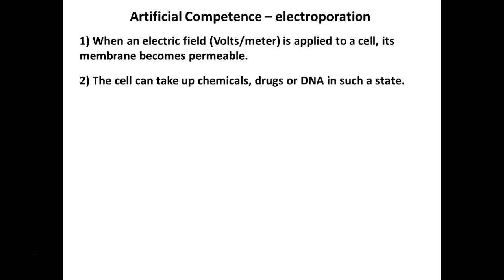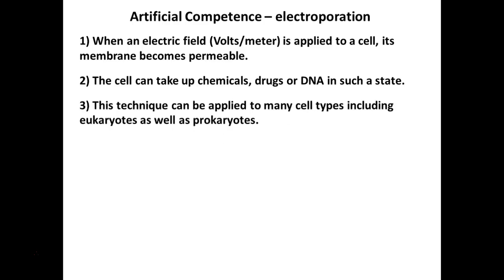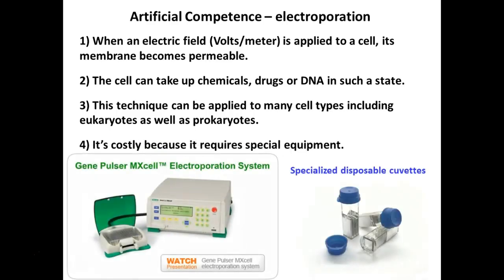And we can get it to take up other things, right, not just DNA. They can do it to get it to take in chemicals or drugs or any number of things. And this can be applied to eukaryotic cells as well as prokaryotic cells. Right? We can use this technique to get DNA into other types of cells, not just prokaryotes.